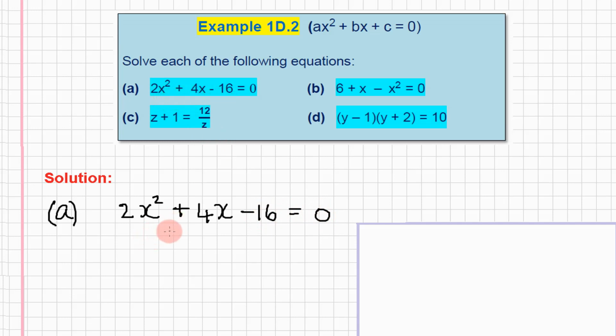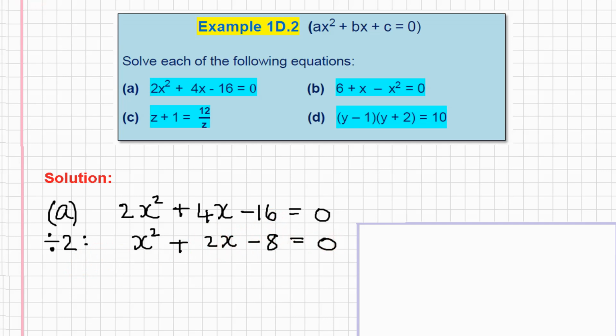In this case, the common factor is 2, so we divide through by 2. So 2x squared divided by 2 is x squared. 4x divided by 2 is 2x. And 16 divided by 2 is 8.